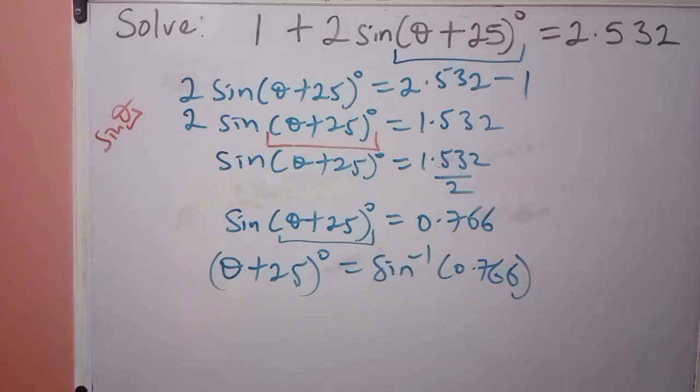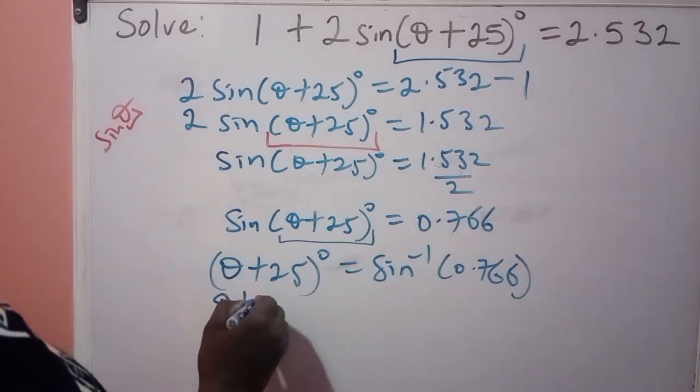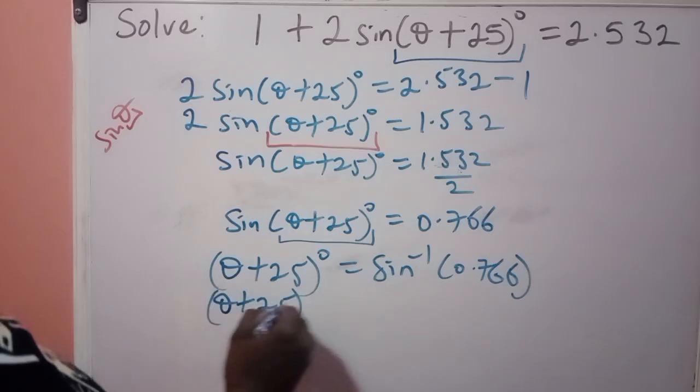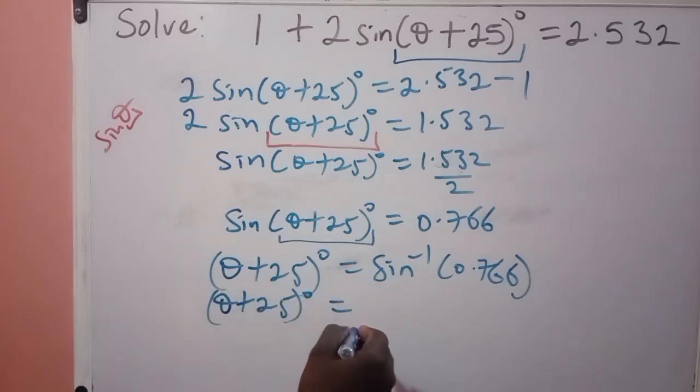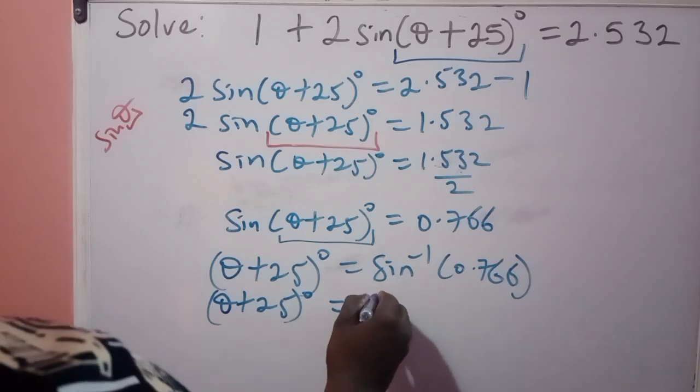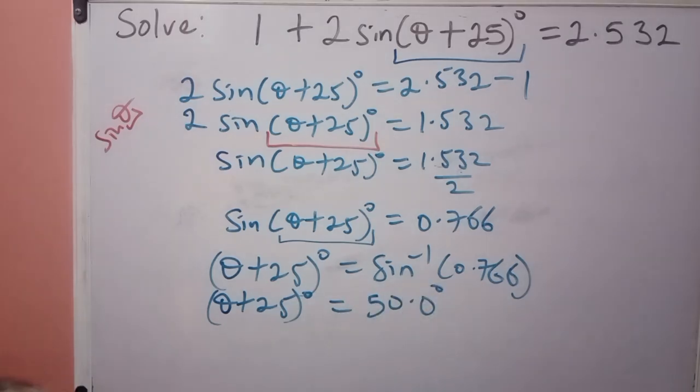So in this case now, you can see that your theta plus 25 will give you 50.0 degree. So now we have been able to get our value for theta plus 25, which was the angle associated with sine. So how do we solve this?